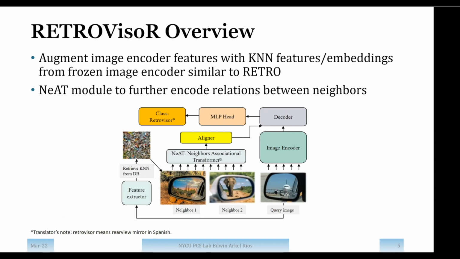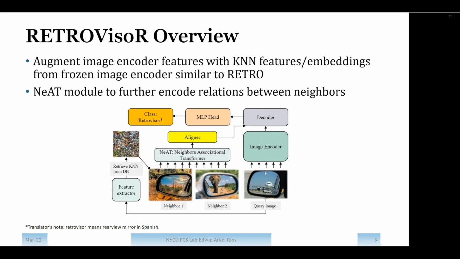Then we can combine this information and pass it through another transformer, also following a similar encoder-decoder architecture, to accurately predict the class for this kind of image by encoding information from similar pictures and combining it with the original query image. So this is the basic idea behind this project.